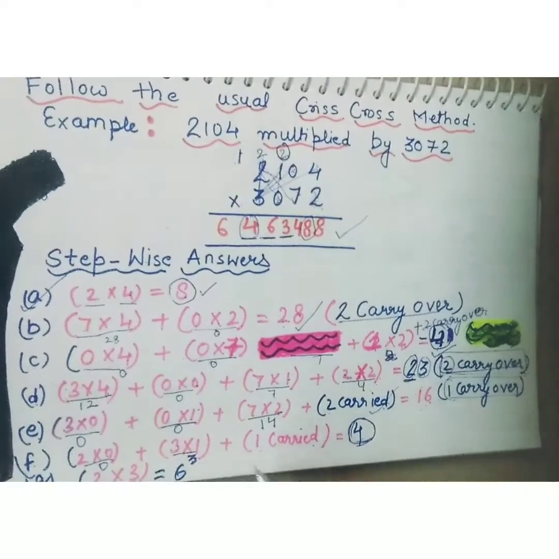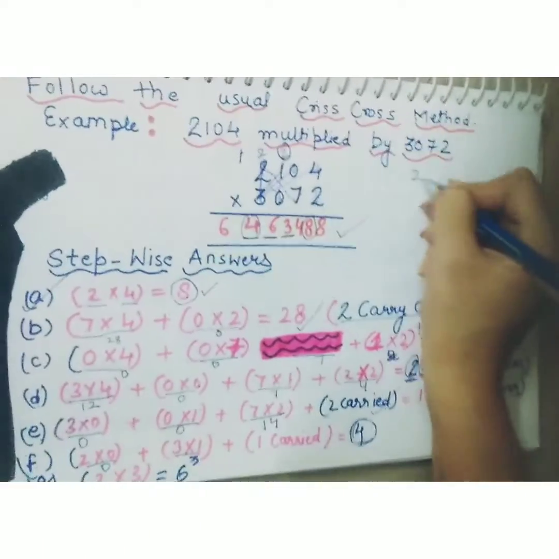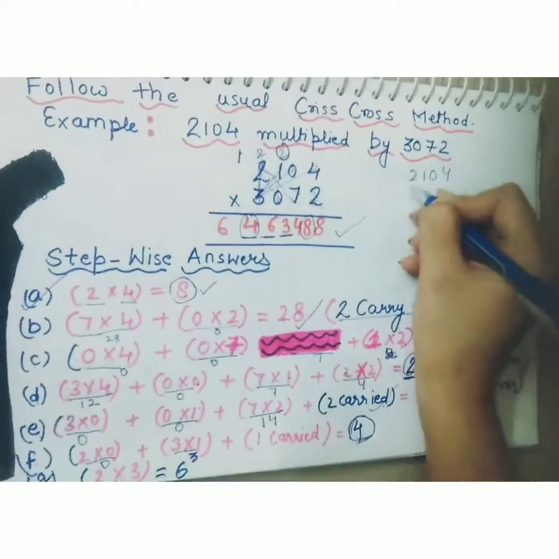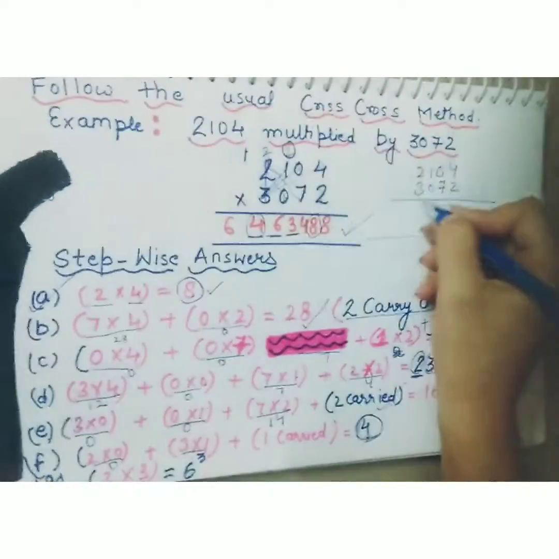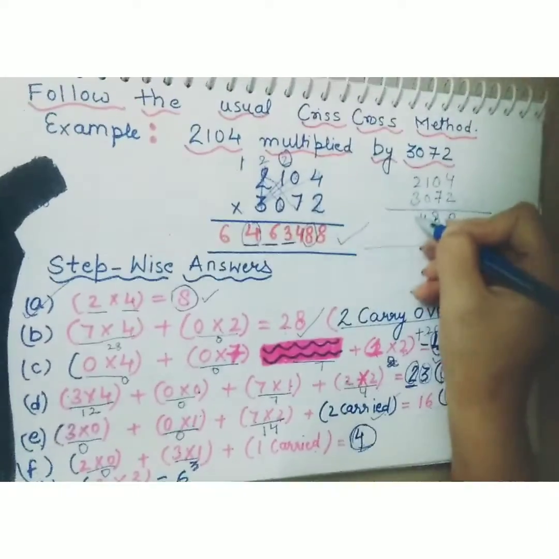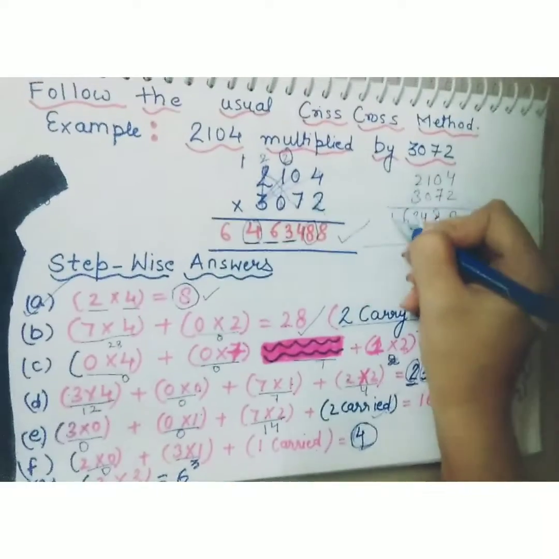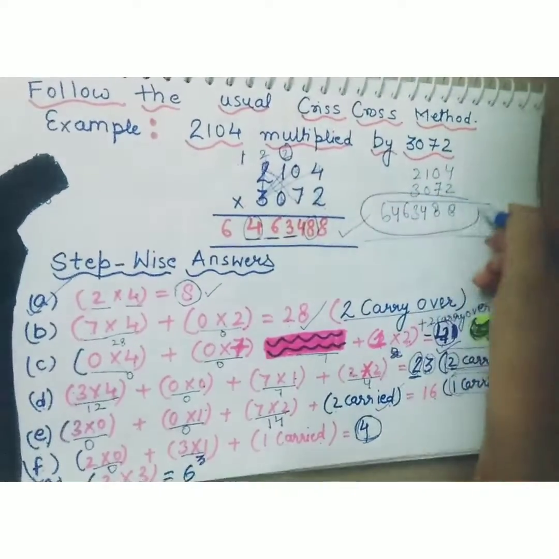Hope you understand the answer of multiplication. 21043072 comes out to be 884346. The correct answer is this.